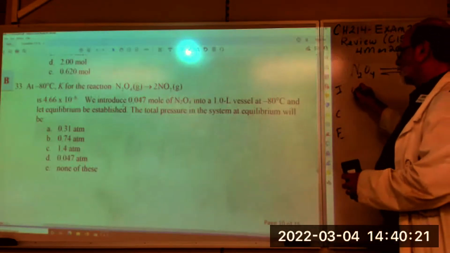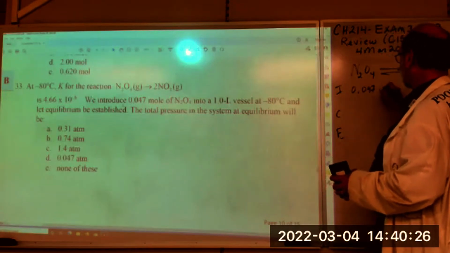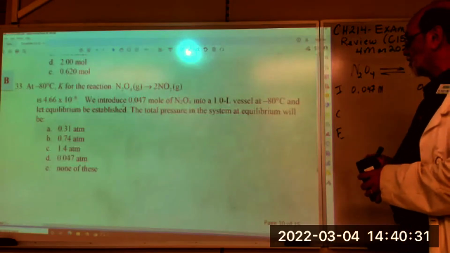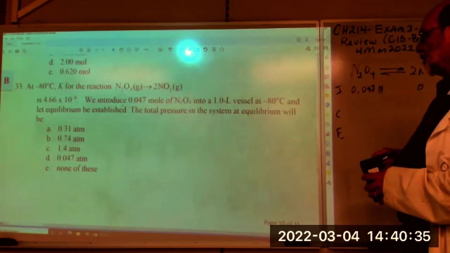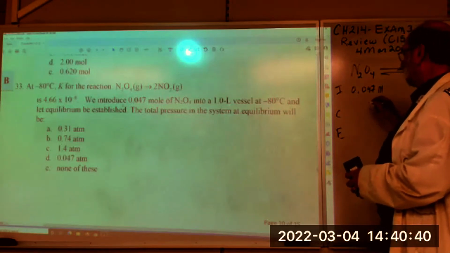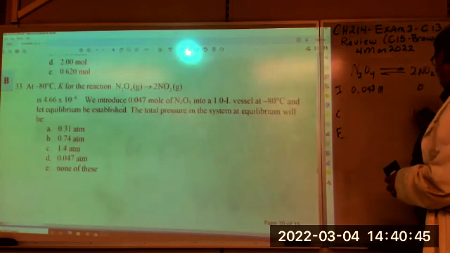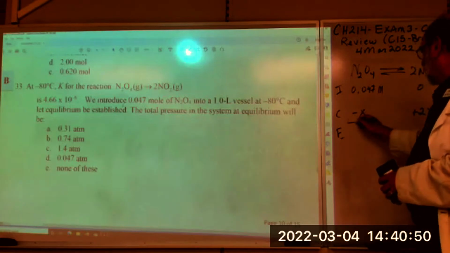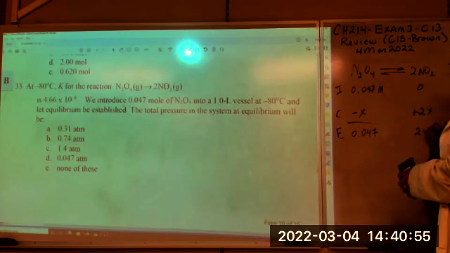So we introduce 0.047 moles into a 1 liter container. And there's nothing there of the NO2. What's the change? Well, we're going to add 2 here and lose 1 there. And this one's going to be 2x.